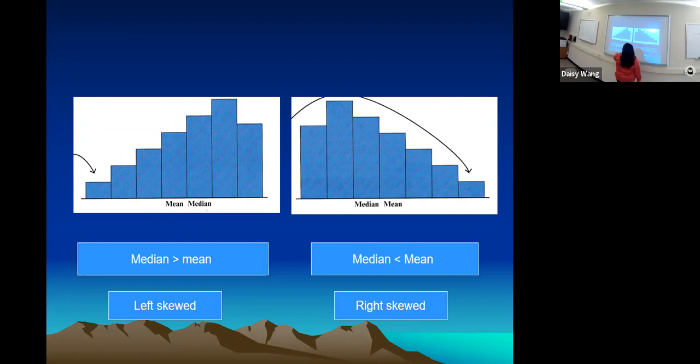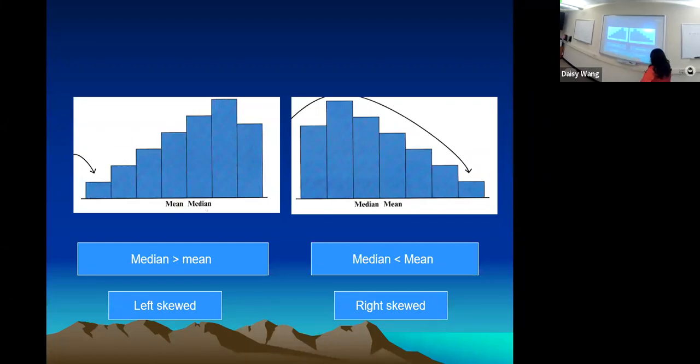So this is called left skew, or skewed to the left. Then the average will be somewhere here, and the median will be here, because a majority of the data is on the greater side, the right-hand side. So this is left skew: the median is greater than the mean.